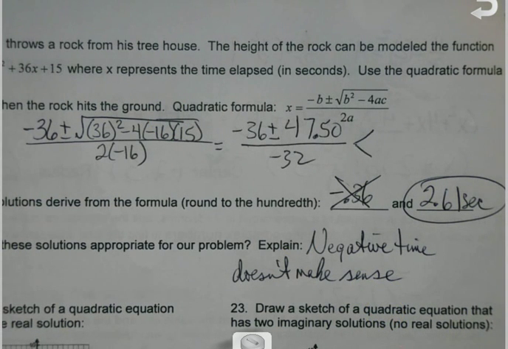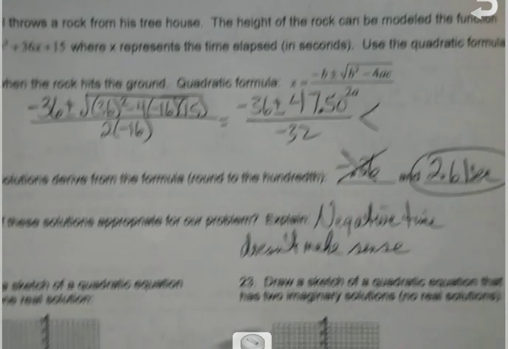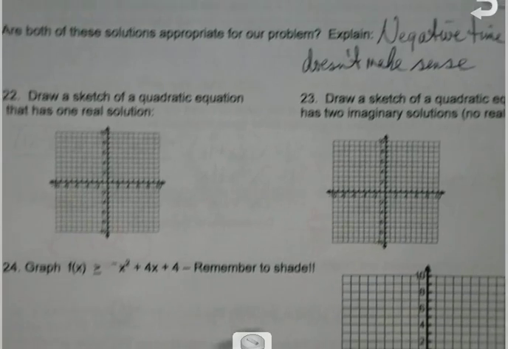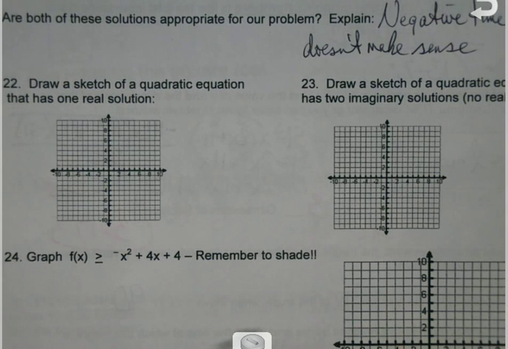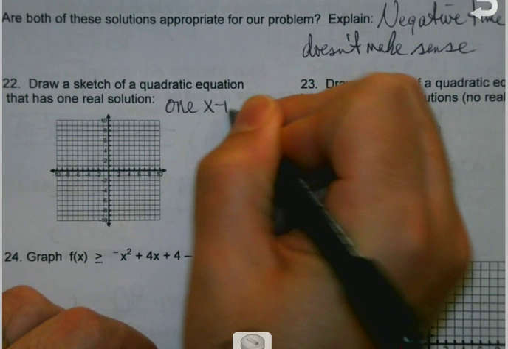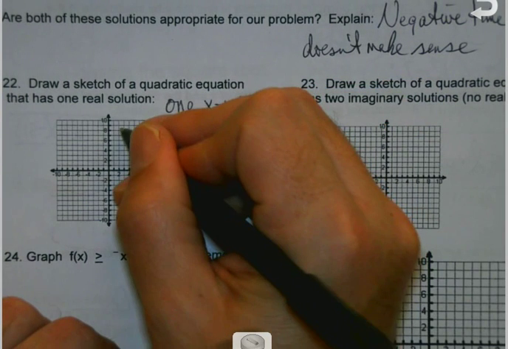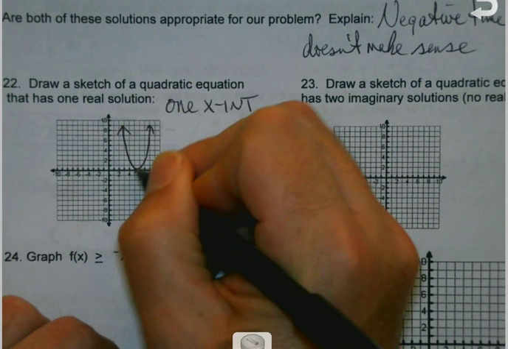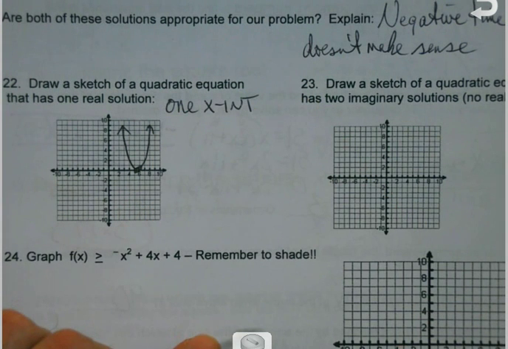Okay. So we talked a little bit too. And I don't even care if you do this verbally. Okay. Draw a sketch of a quadratic equation that has one real solution, which means it has one x-intercept, which means when I draw it, it only hits the x-axis in one place.